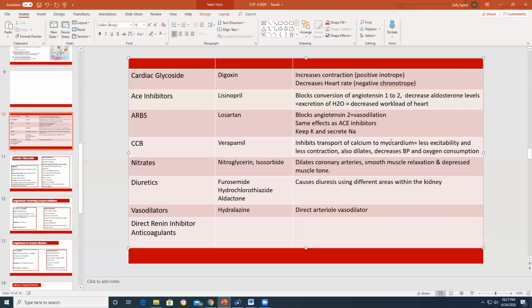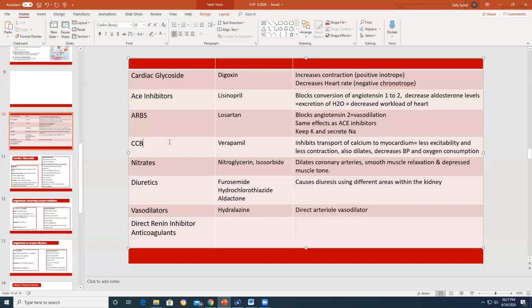And that can actually decrease our blood pressure and our oxygen consumption, which is great because if it's relaxed, it's going to be slower, and so you're not going to have that oxygen consumption as much, and it dilates as well.